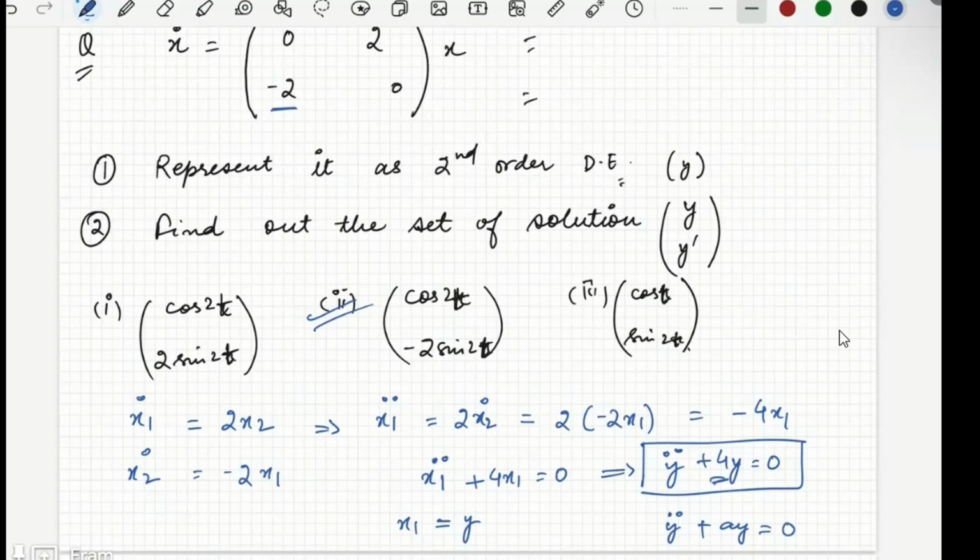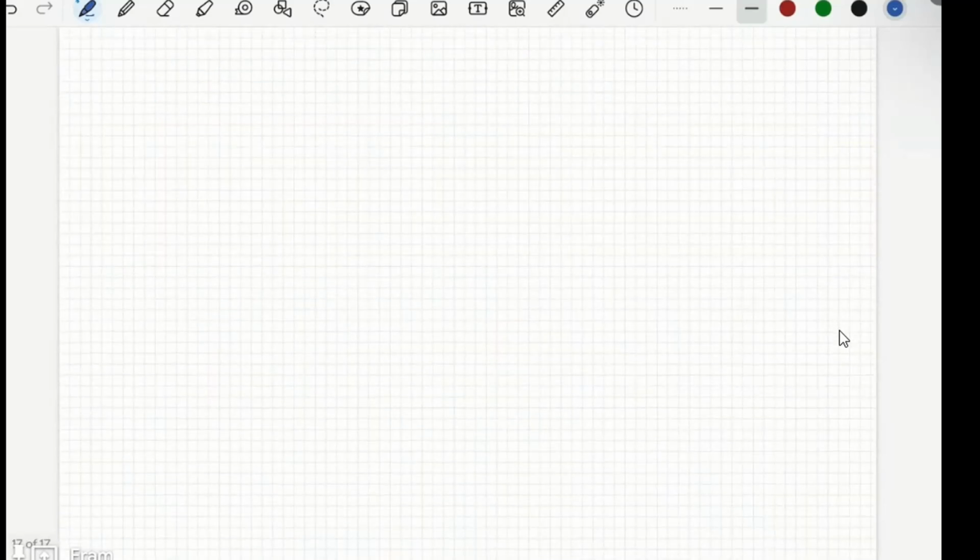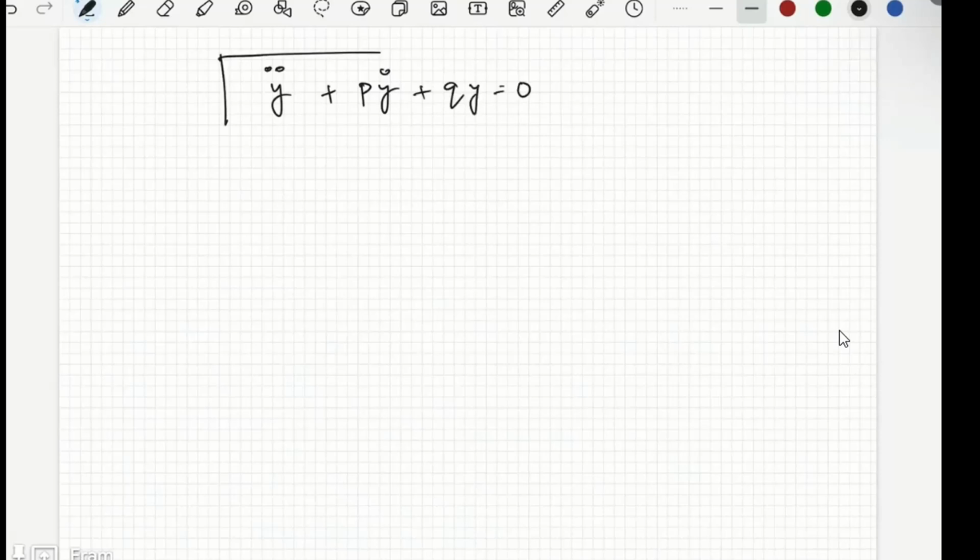Okay, for the next session, what I want is please go through the solution for a general second order differential equation y double dot plus py dot plus qy equals to 0.